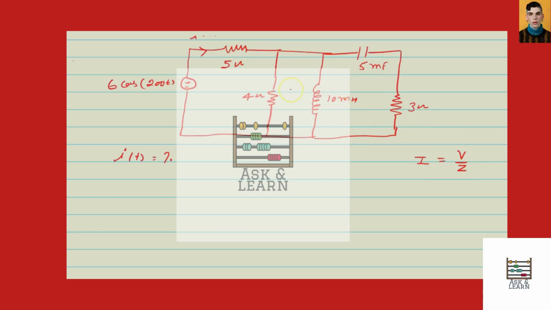First we have to convert our inductor and capacitor into reactive form. Then we calculate the total impedance Z, and by dividing V upon Z, we can find the current I of t.